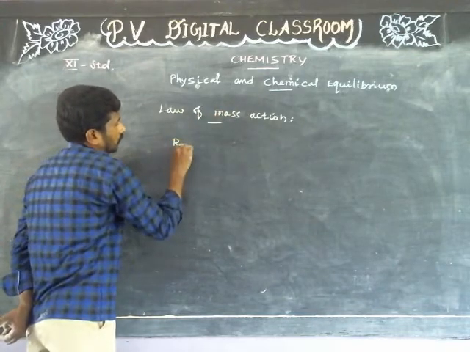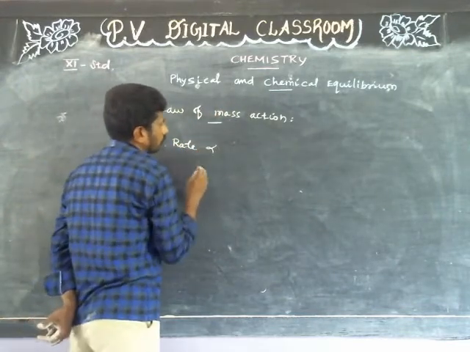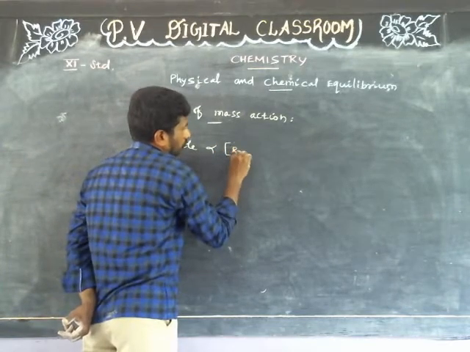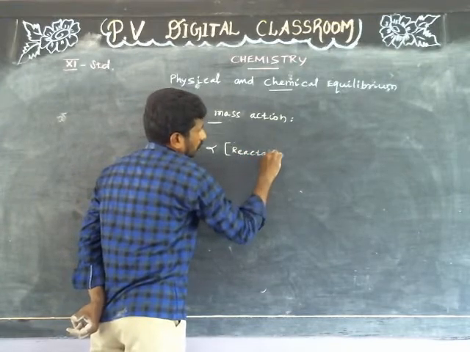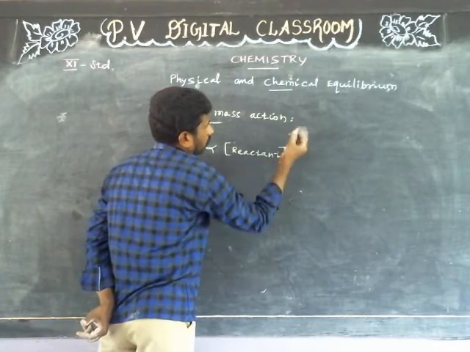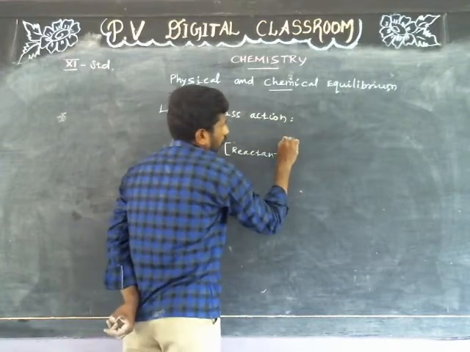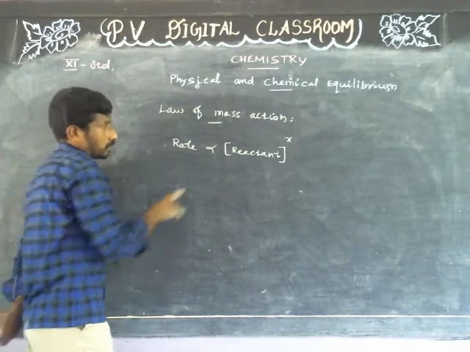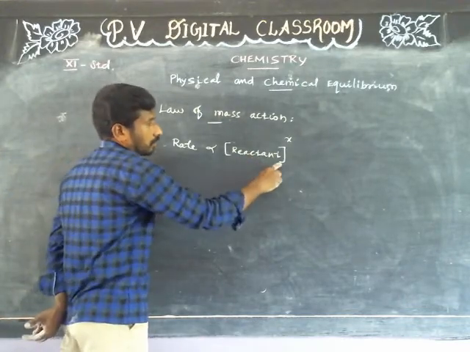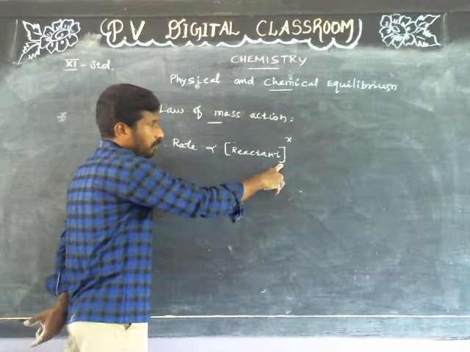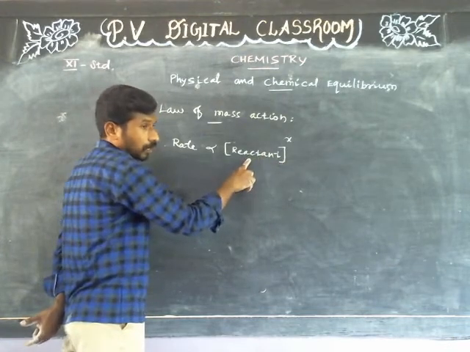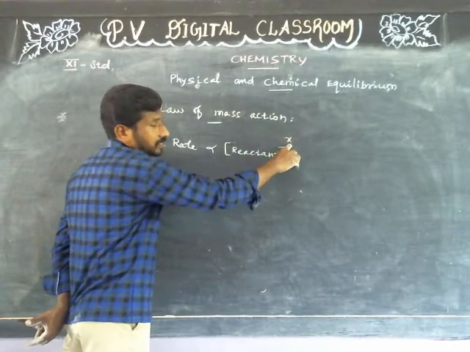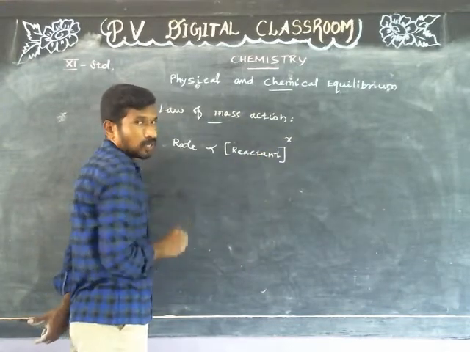That is, rate is directly proportional to the active mass of the reactant raised to the stoichiometric coefficient x. Here, the square bracket represents the active mass or concentration of the reactant and x represents the stoichiometric coefficient.